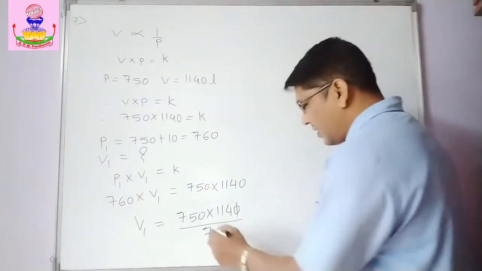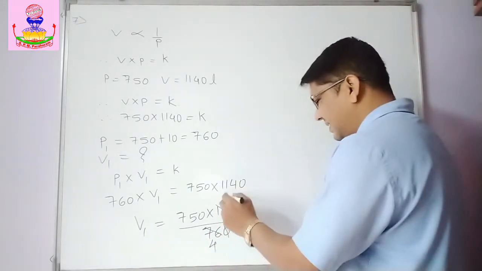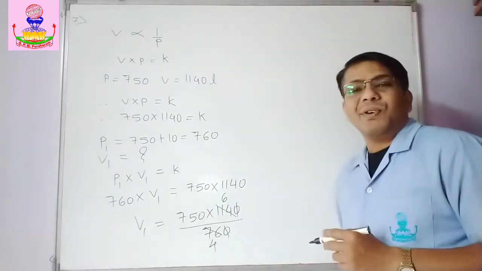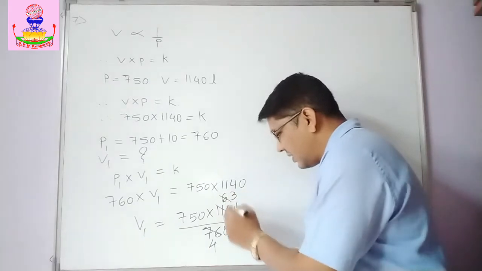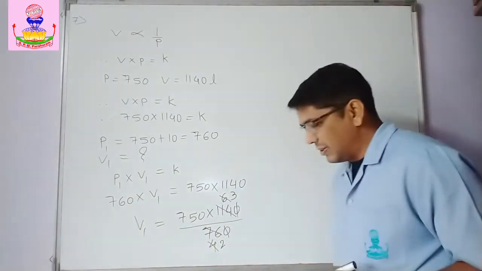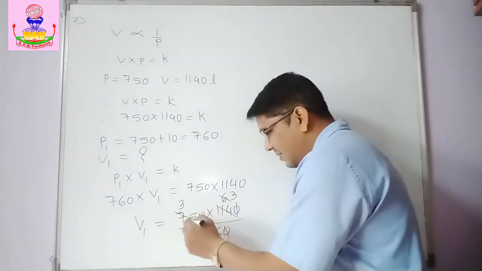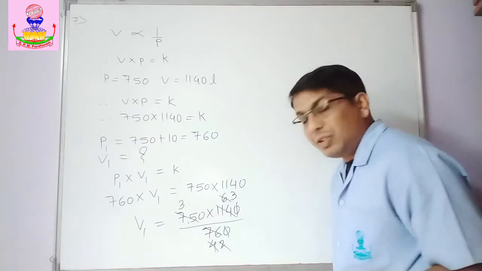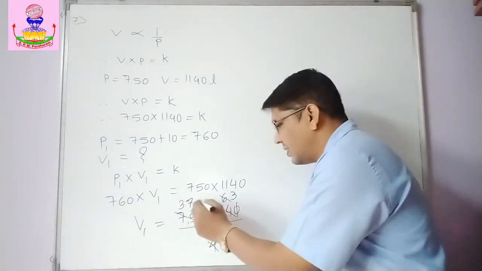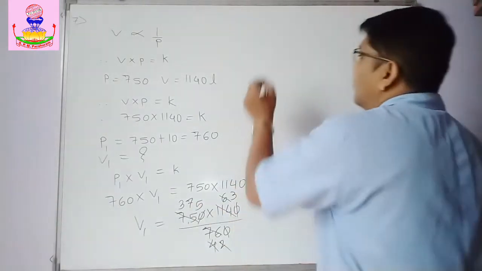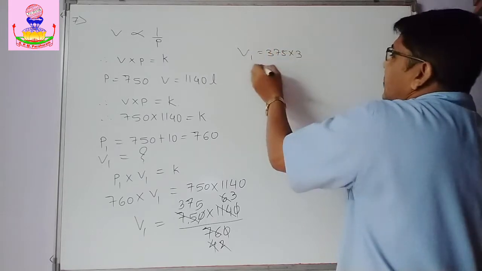I know the tables: 19 4s are 76, 19 6s are 114. Now, 2 3s are 6, 2 2s are 4, 2 1s are 2, 2 3s are 6, 1 remainder, 2 7s are 14, 1 remainder, so 10, 2 5s are 10. So V1 is equal to 375 into 3.